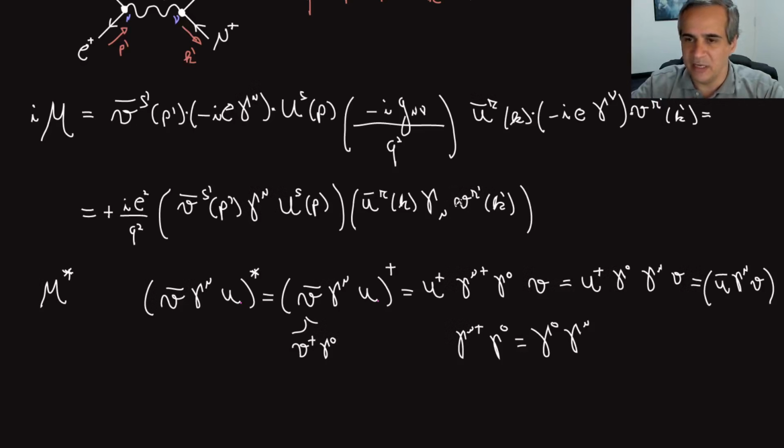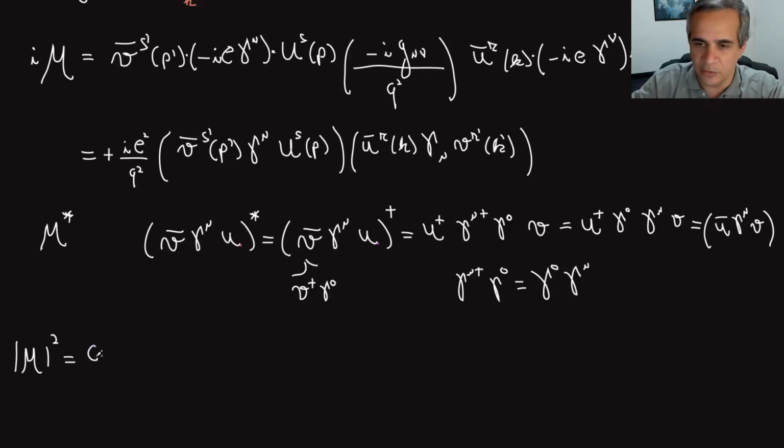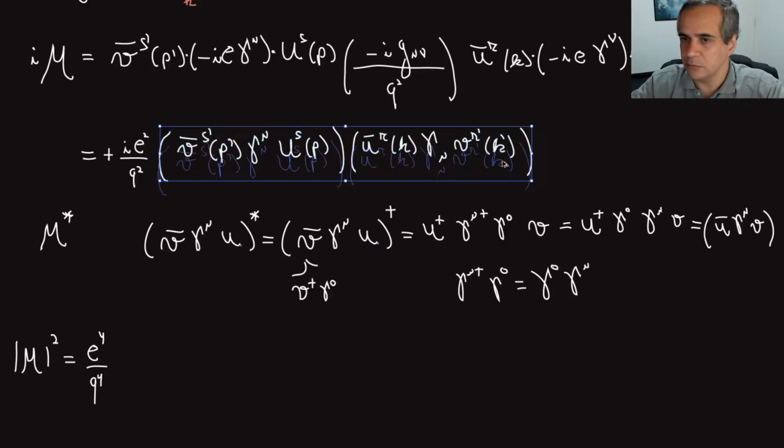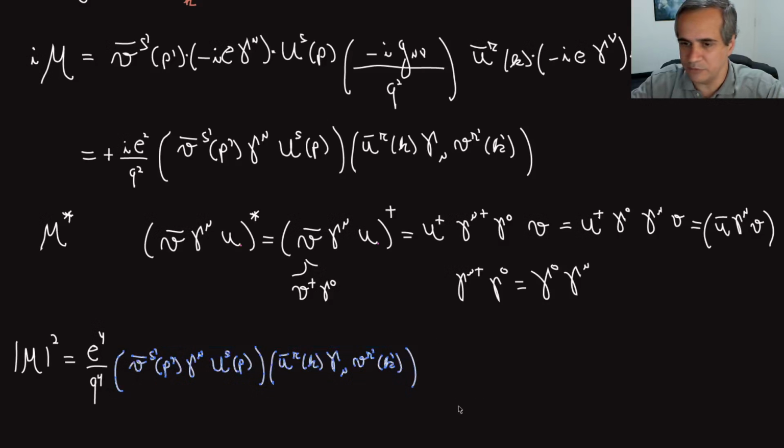And that's pretty easy. So with that in mind, I can write these matrix element squares straight away. So M squared will be just, in here I'll get a minus i multiplying this i, so the i goes away, e to the fourth over q to the fourth. And then these objects. Let me copy these two. Let me make them smaller so they fit on the screen.